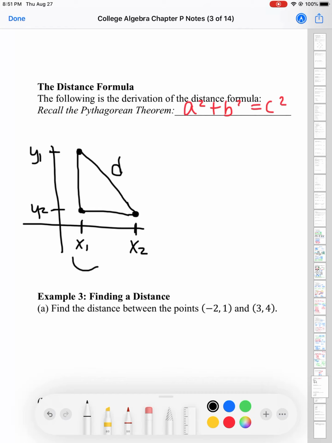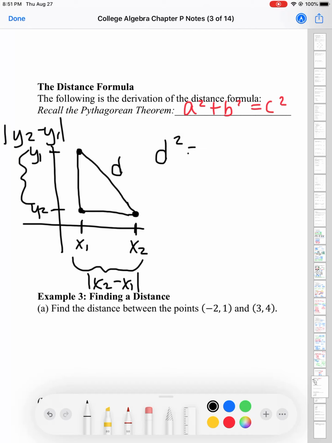The distance from here to here, which we learned a couple sections ago, is the absolute value of x2 minus x1. Likewise, this is the absolute value of y2 minus y1.